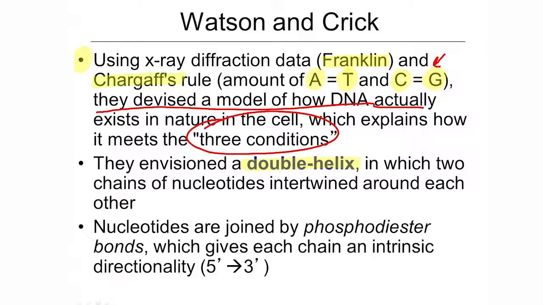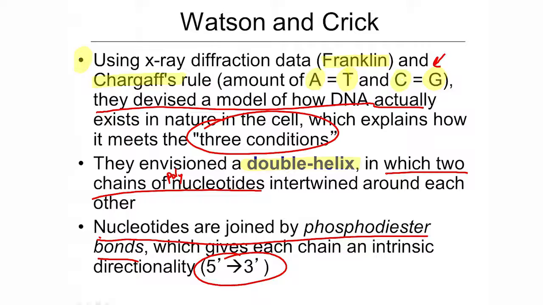Some people now call it a twisted ladder conformation, etc. But the bottom line here is, in their model, 2 chains of nucleotides, and I really guess I should say polynucleotides, meaning they were very long strands. They were intertwined around each other, thus the double helix, and the nucleotides were joined together by so-called phosphodiester bonds.